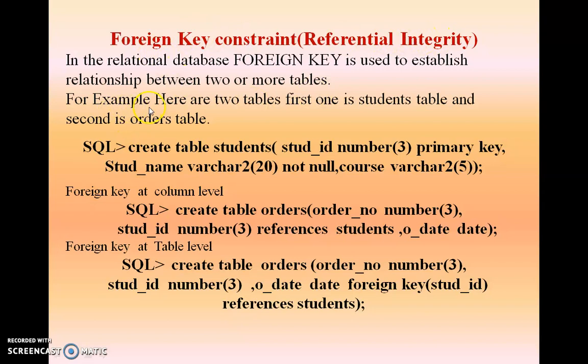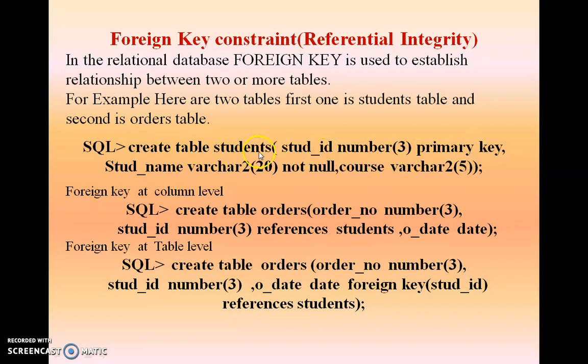While declaring the foreign key, we must have a primary table and a child table. The primary table is the table from which we take the reference of the primary key column and make that primary key in another table a foreign key, which is called the child table. For example, here I am creating a student table with student ID as the primary key column.